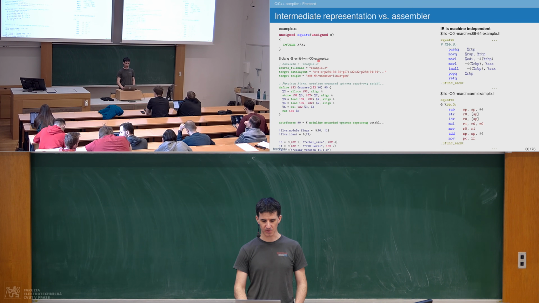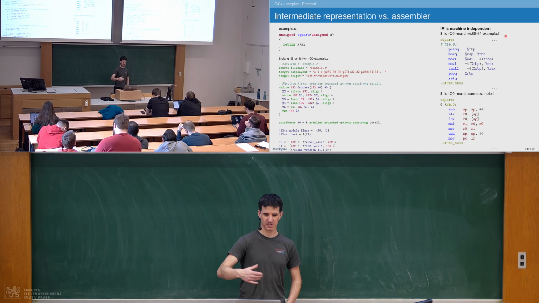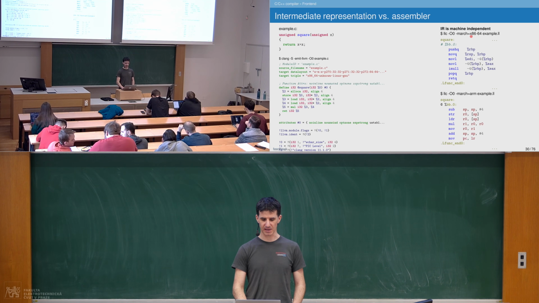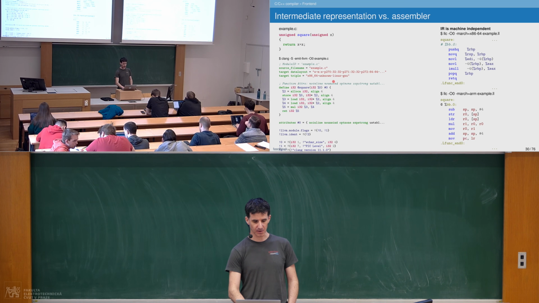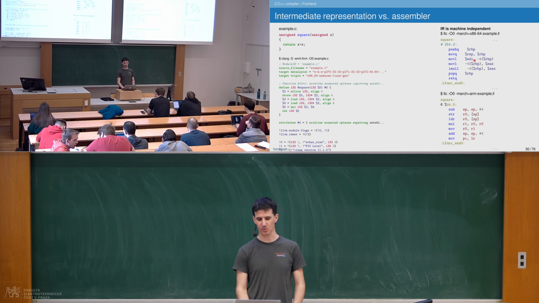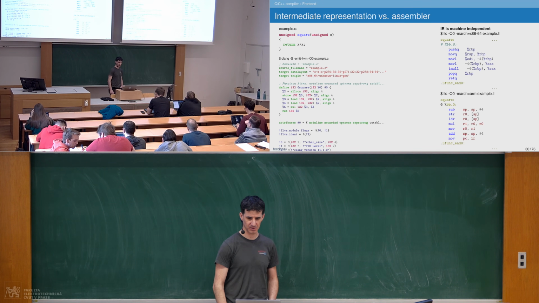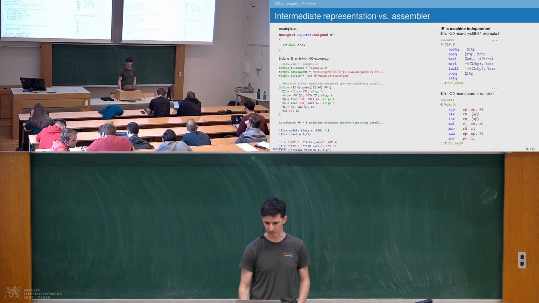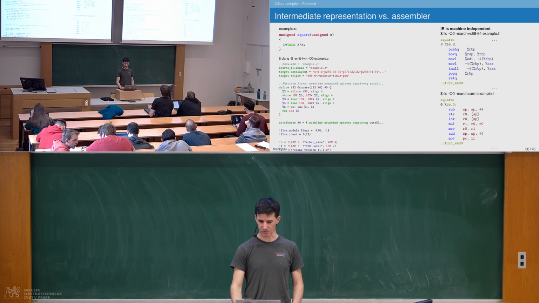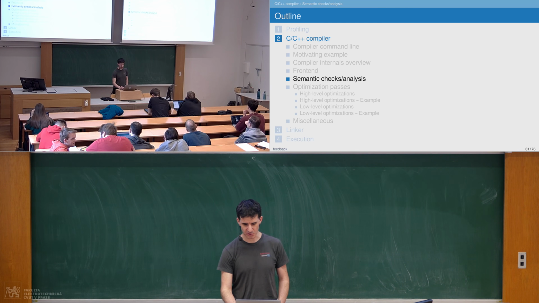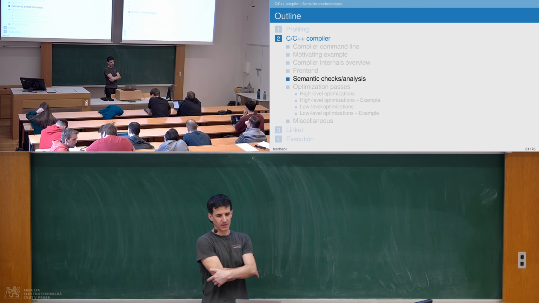Here you can always see the commands which are used to produce this example, and whenever you have this intermediate representation, you can use this command to convert it to assembly or to machine instructions for x86 or for ARM, and you can see that a single intermediate representation can be converted to different machine code.